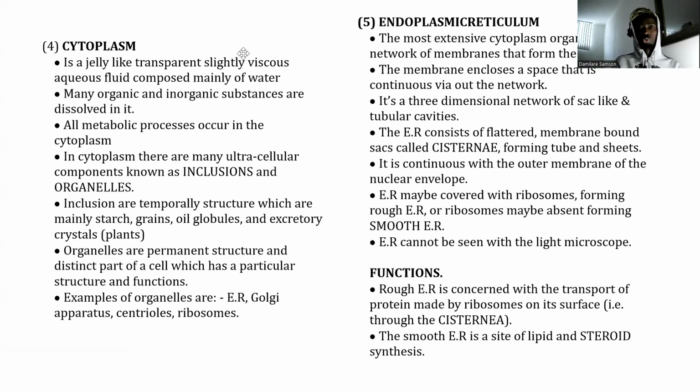When you say inclusion, they are temporary structures, so they are not going to stay there for a long time. That is why we don't really mention them like that. Are you getting me? So starch grains, oil droplets or globules, excretory crystals, and so on. You will see them there, so they are temporary structures. So what is an inclusion in the cell? You should be able to tell us: a temporary structure.